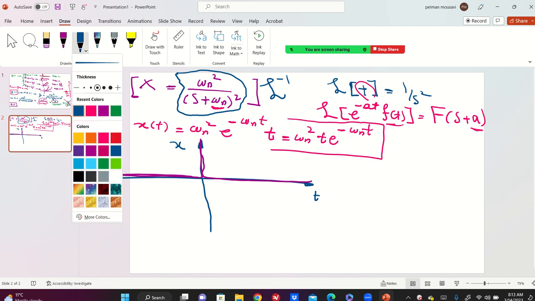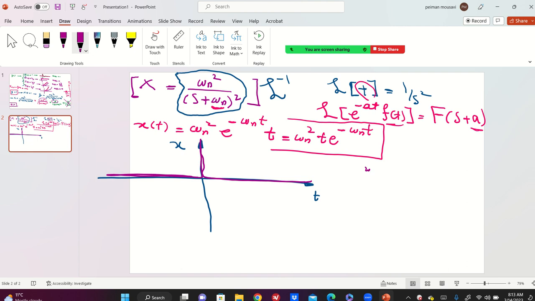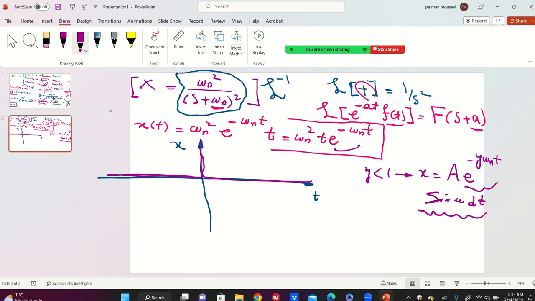So obviously, guys, all of you look at here. When the system was underdamped, your response was this: a constant number, e minus zeta omega n t, at this part, sine omega d t. That's right. So it has a transient harmonic and then decaying.